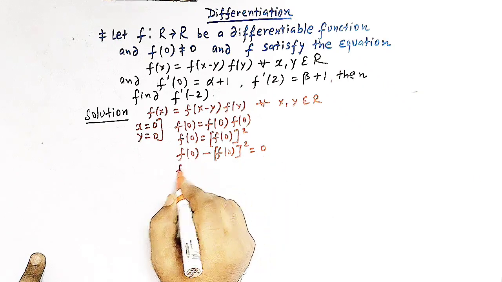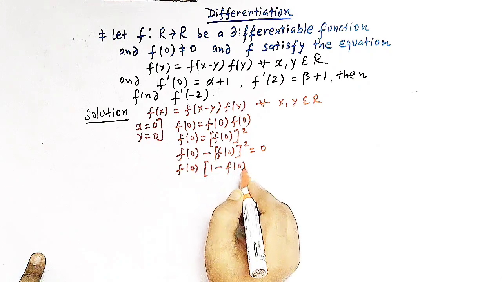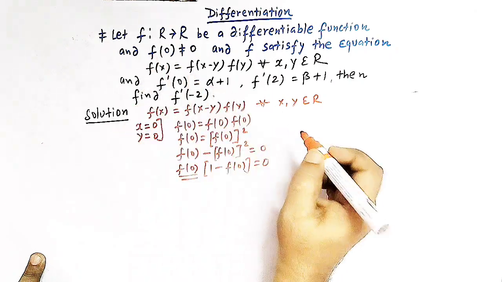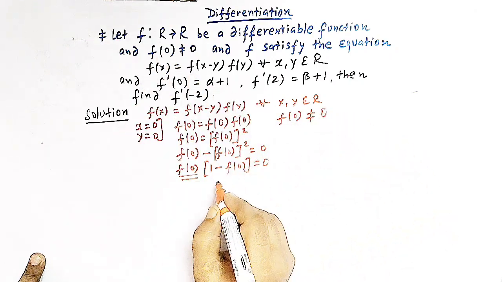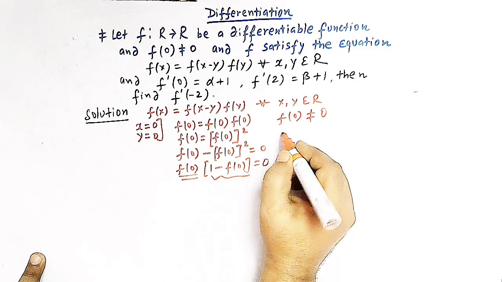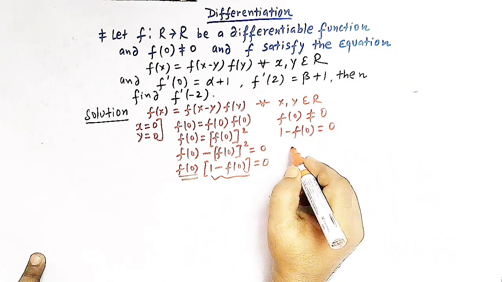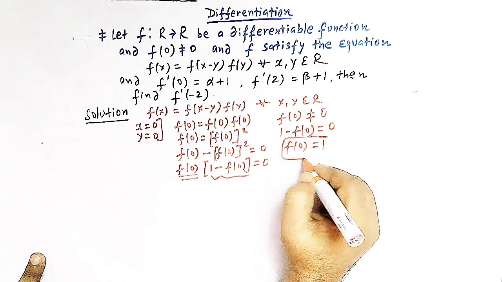Now taking f of 0 common, we have f of 0 times 1 minus f of 0 equal to 0, and since we are given that f of 0 is not equal to 0, it implies that this factor must be equal to 0, that is f of 0 is equal to 1.